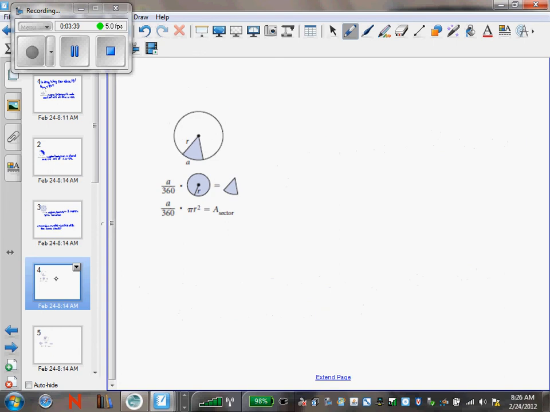So let's go back to the sector of a circle. Because it's just a little piece of the whole circle, the formula represents that. The formula for area of a sector is A over 360 times pi r squared. So what is A? A is the arc length.